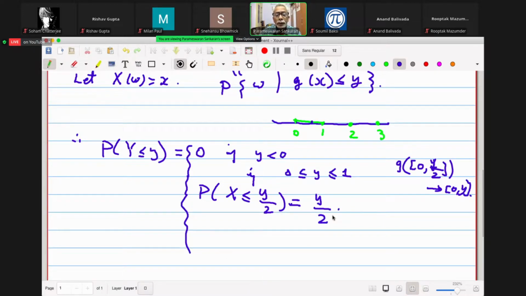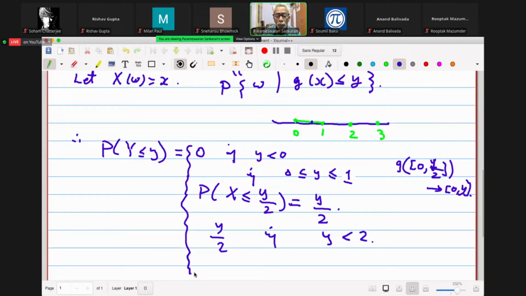I'm not done yet. Now suppose that it exceeds this, then it in fact stays this way, up to but excluding 2. So I can write in one go, this is also equal to y by 2 if y is strictly less than 2.